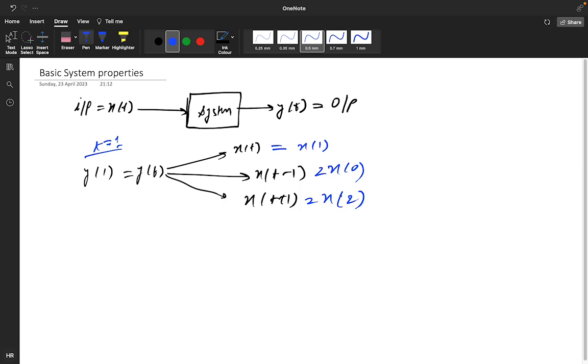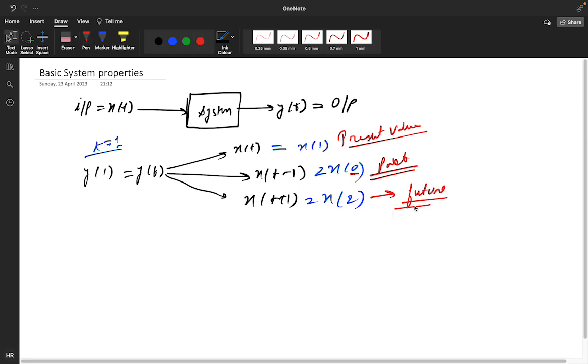So what is the meaning of this? This is your present value. What about this? Past, because we are applying 1, but it's giving 0, and this is future.